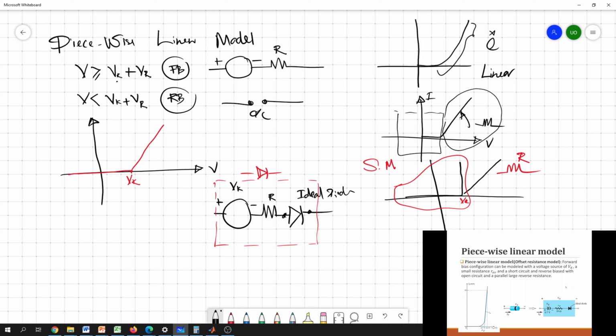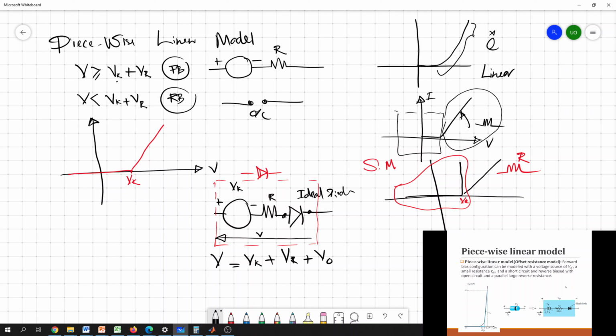So we apply Kirchhoff's voltage law. This V is the voltage drop across this entire block, which is the actual voltage appearing across the diode, and should equal Vk plus Vr plus V out.